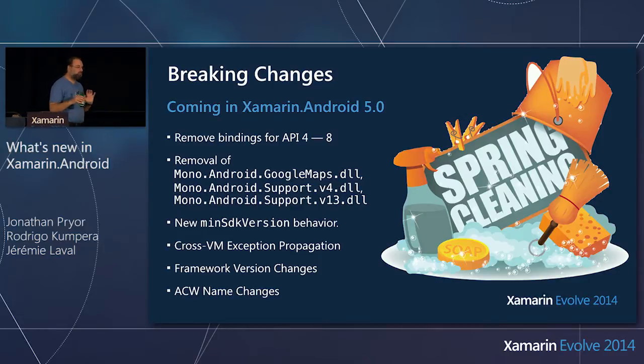Now, the problem with this wonderful approach is if you happen to have two assemblies that have the same namespace and the same type in that namespace that just happens to subclass Java.Lang.Object, at which point your build blows up because you're trying to add two fully qualified types with the same name to the dex file, and the Android toolchain doesn't like that, reasonably so.